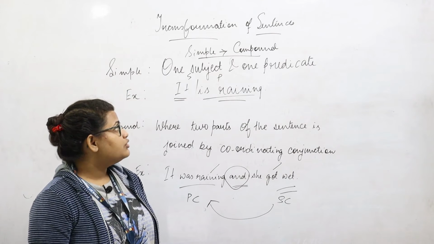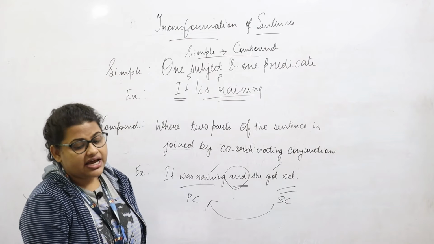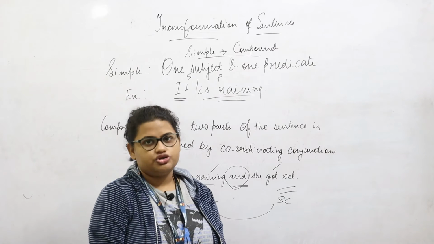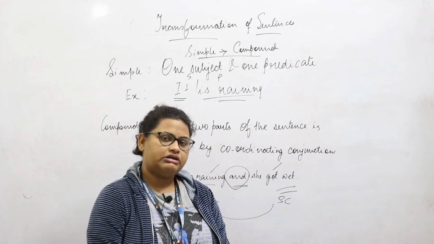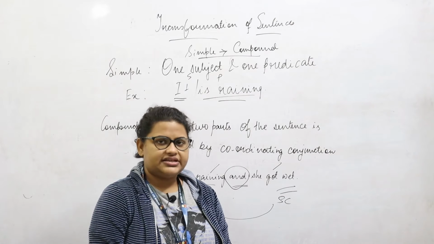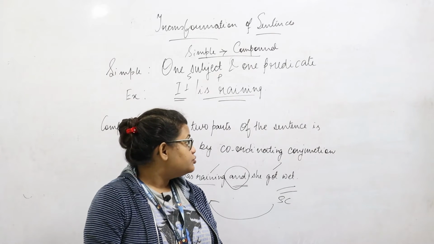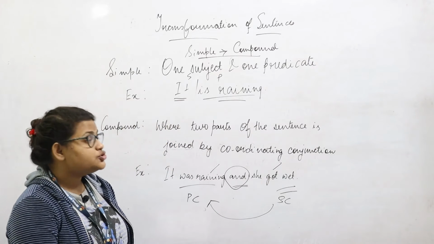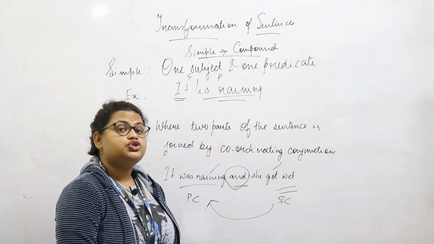However, we need to know that just as the name simple sentence suggests, writing a simple sentence is not just as easy. It is probably more difficult than making a compound sentence or even a complex sentence. Today we are not dealing with the complex sentence; we'll be dealing with it in our next lecture. Here we need to know that in a simple sentence, we cannot use any sort of conjunctions, any joining words.